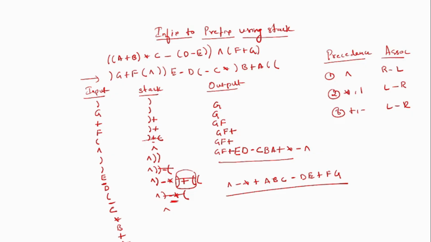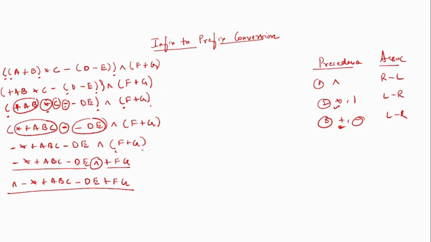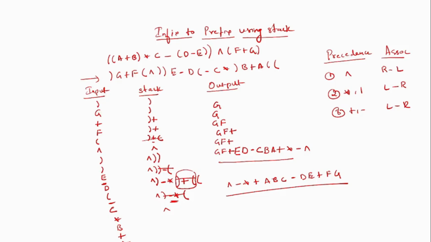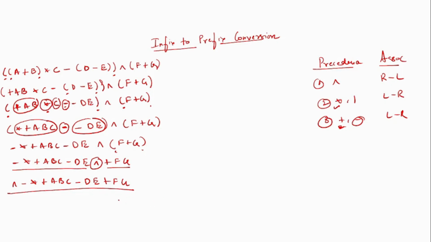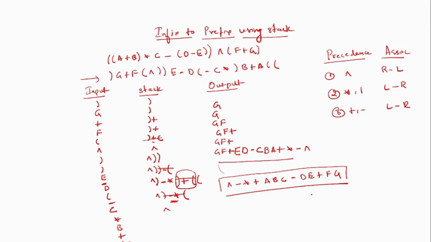So we can check it from the previous example: exponential minus star plus a b c, and then we go back here, minus d e plus f g. So this prefix expression which we have got now is exactly the same as what we did using the direct method here, right?